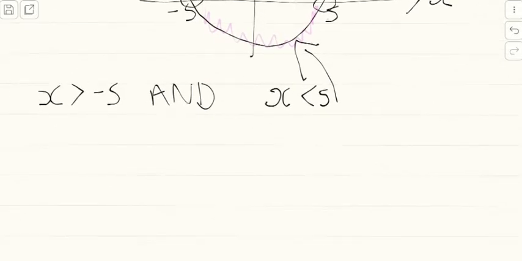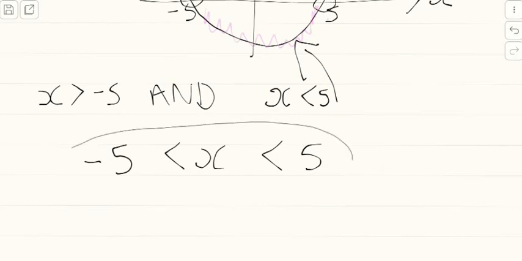To put that together, we combine that to say that minus 5, x and 5, and we use this symbol like that. So minus 5 is less than x, and x is less than 5. So this would be our final answer.